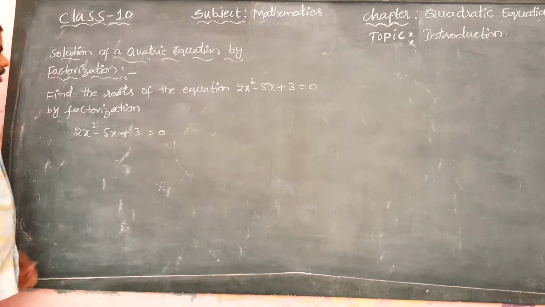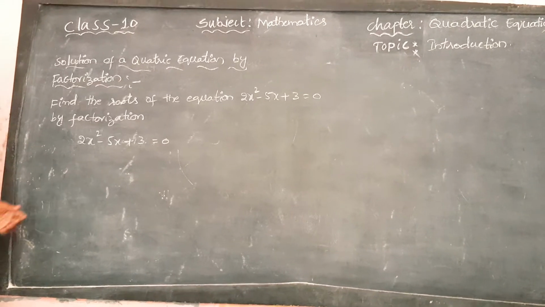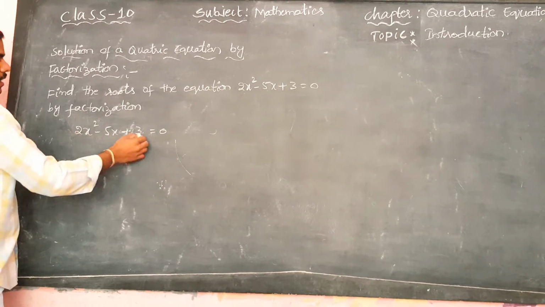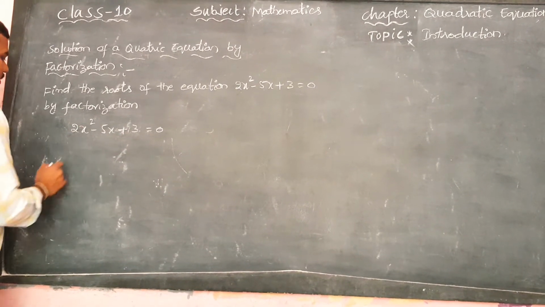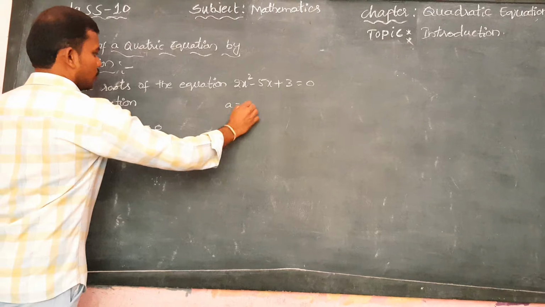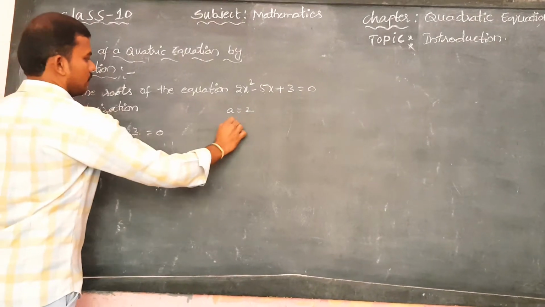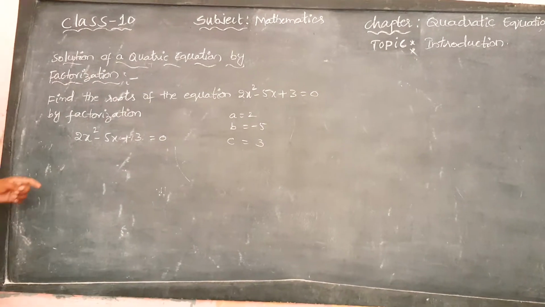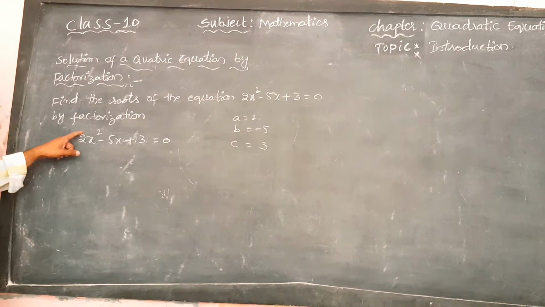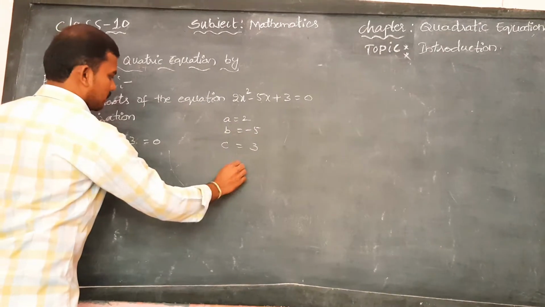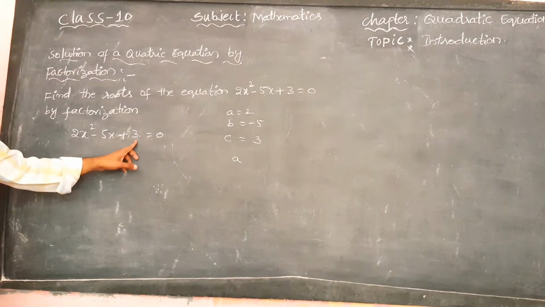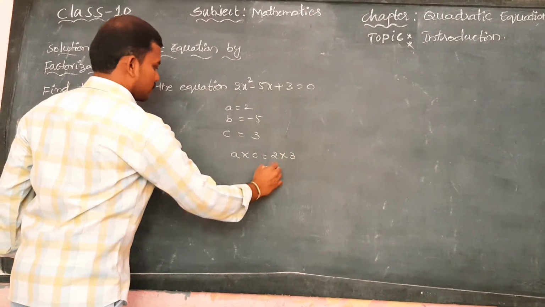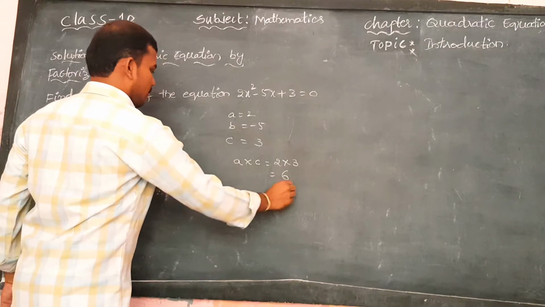Here a is equal to 2, b is equal to minus 5 and c is equal to plus 3. Multiply the x square coefficient 2, that means a, and the constant term 3, a into c, that is 2 into 3, which is equal to 6.